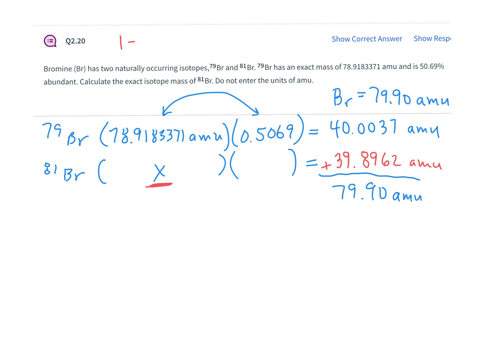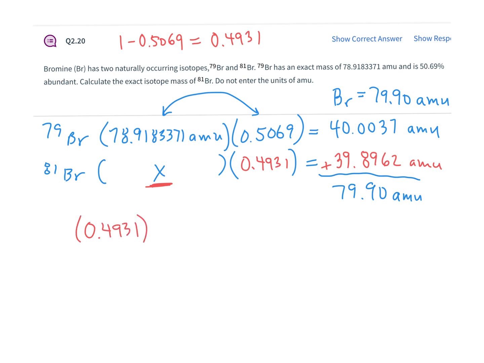So 1 minus 0.5069 will give me the percentage abundance of bromine 81, and that's about 0.4931.